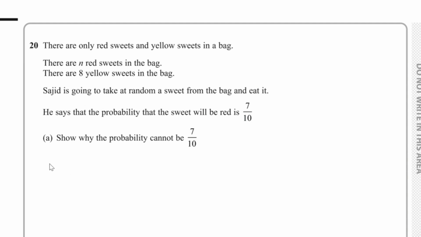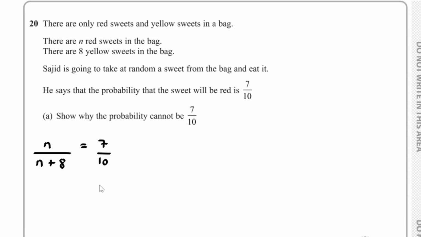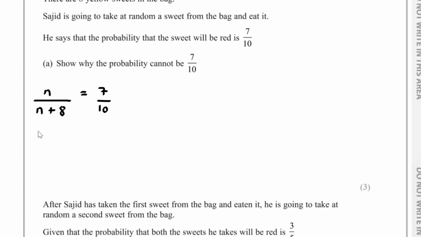Well, we've got n red sweets out of a total of n plus 8. And this fraction is the probability that the sweet will be red. We've got n out of n plus 8 which are red, and we're saying that this is equal to 7/10. Now let's see what happens when we solve for n.